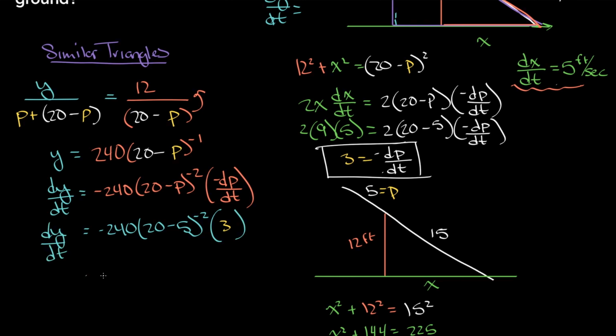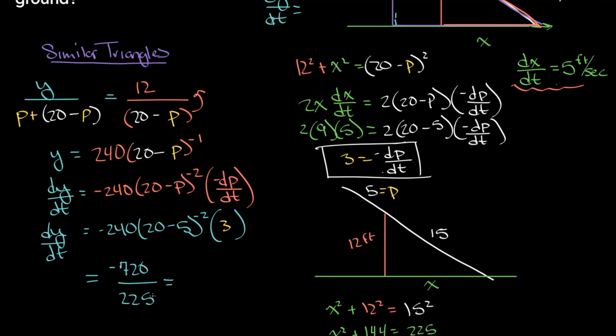And home stretch, folks, here we go. So we have negative 240 times 3, so that is negative 720. And then in our denominator, 20 minus 5 is 15. 15 squared is 225. Can we simplify? 7 plus 2 is 9, so that can be divided by 3.